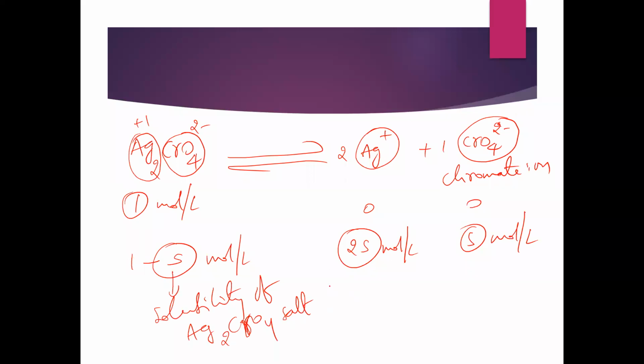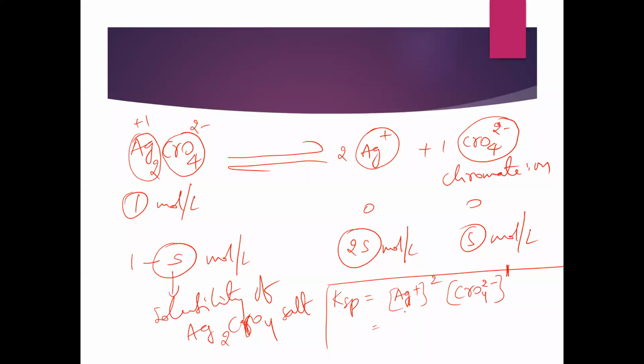S is solubility here. Now yesterday we discussed, tell me, what is solubility product? KSP is equal to Ag+ ion concentration to the power of 2 into CrO4 2- ion concentration to the power of 1.